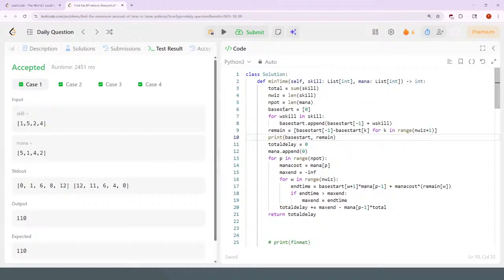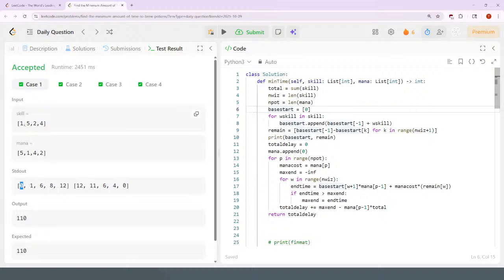So base start is going to be assuming that the potion is brewed at start time 0. The first person will finish at time 1. The next person will finish at time 6, 1 plus 5. Next person finishes at time 8, 6 plus 2. Next person finishes at time 12, 8 plus 4.